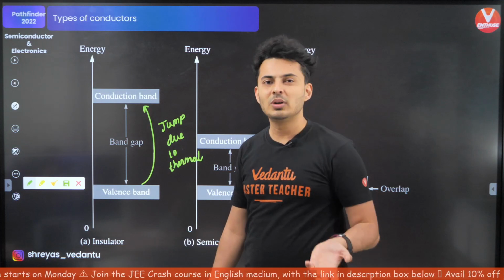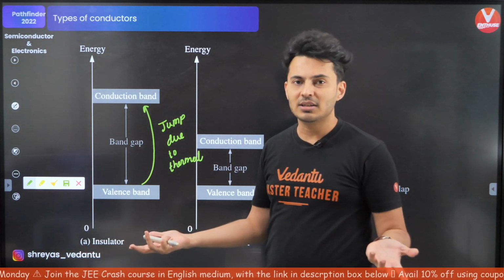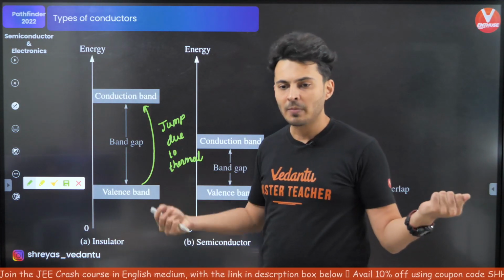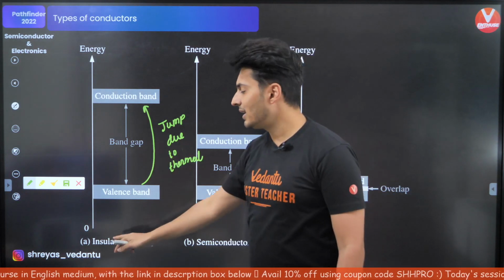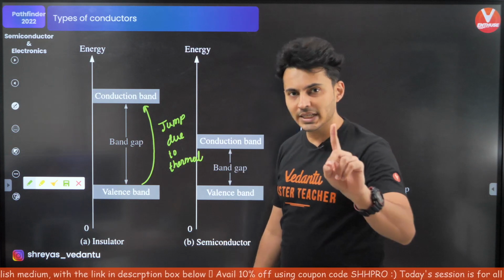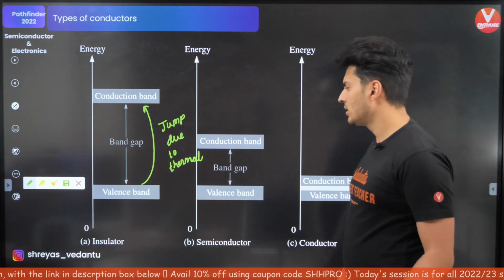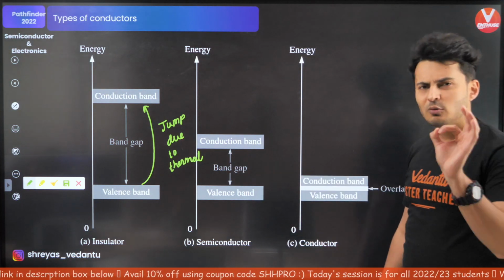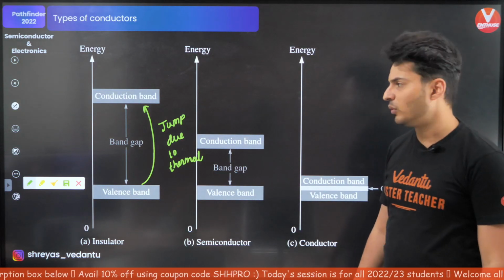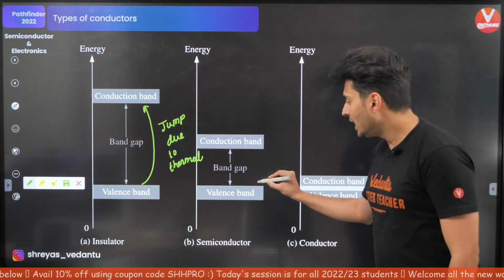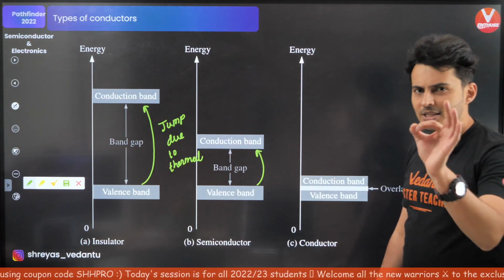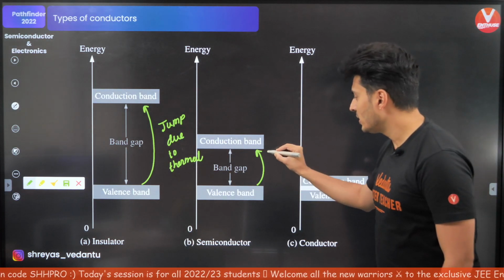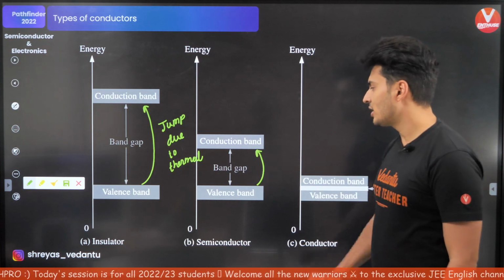So what will happen? No electricity conduction will happen, because the electrons are unable to enter the conduction band. That's why they are called insulators. Got it? So the band gap is very large. When the band gap is a very small amount of electron volt, then the energy will be just sufficient to push the electrons into the conduction band.